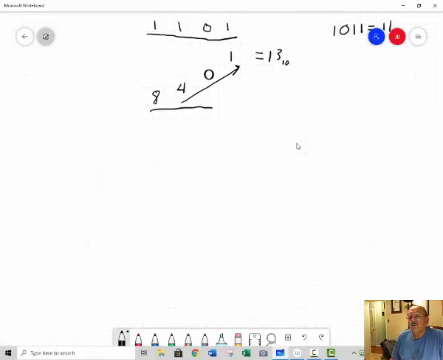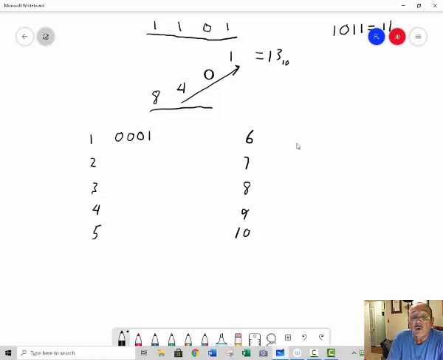Okay, let's do a little exercise here. Let's just count by ones. Let's go with 1, 2, 3, 4, 5, 6, 7, 8, 9, 10. Well, 1 would be simply 0, 0, 0, 1. I get 2 to the 0.